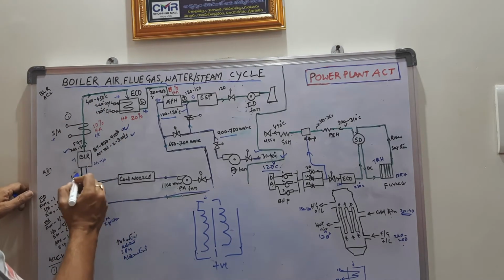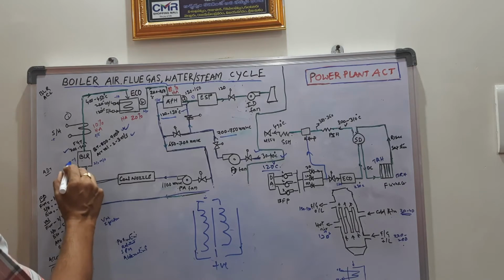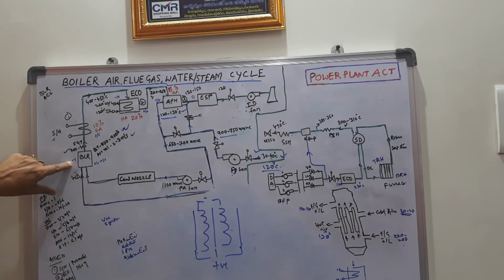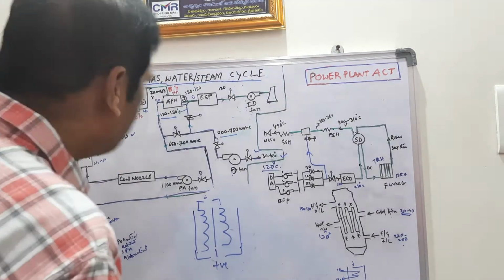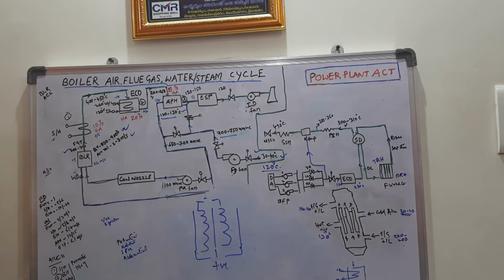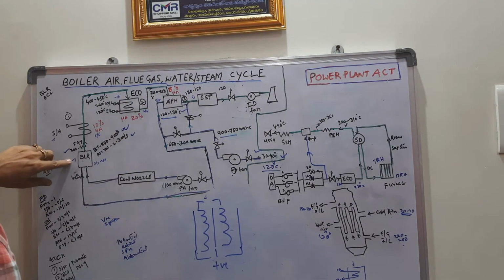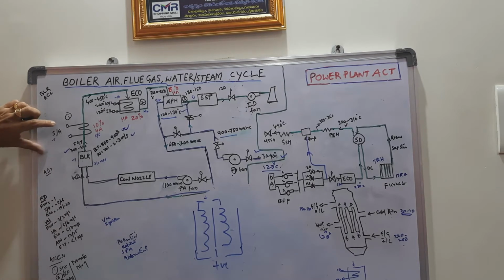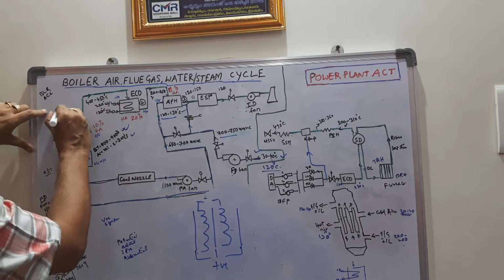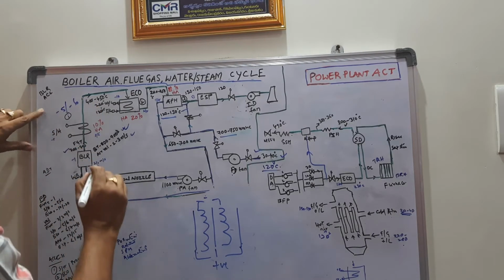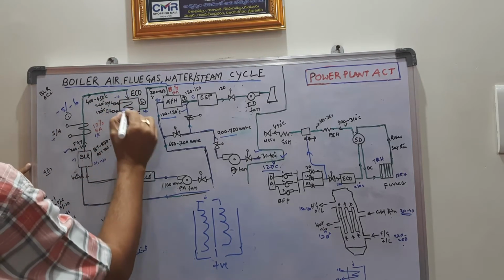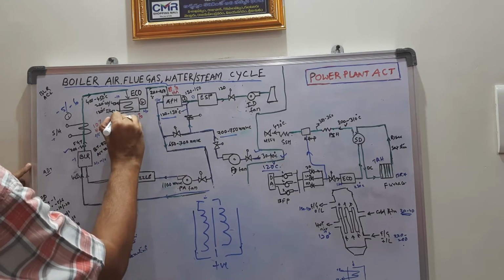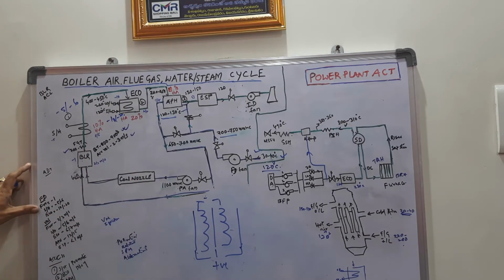The furnace draft in the boiler is maintained around -1 to 0, that means a negative to balanced draft is maintained in the boiler. In the superheater, the draft is nearly -5 to -6. And in the economizer, the draft maintained is -10 to -20 mmWc.